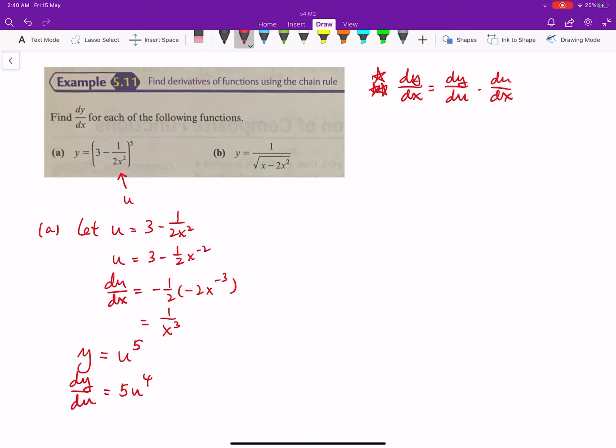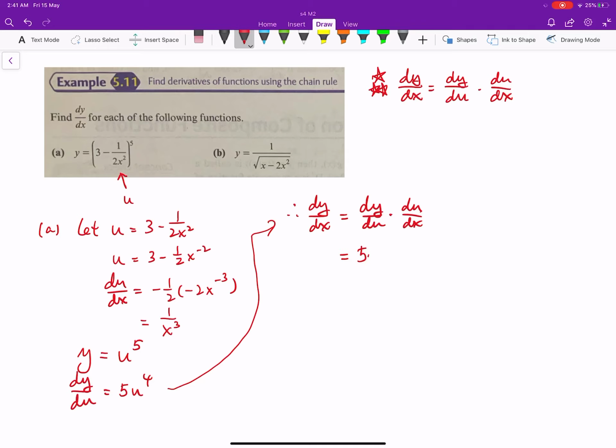So now we get these two, then we have dy/dx equals dy/du times du/dx.